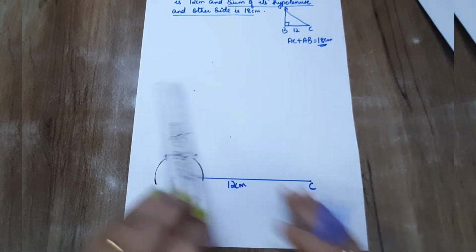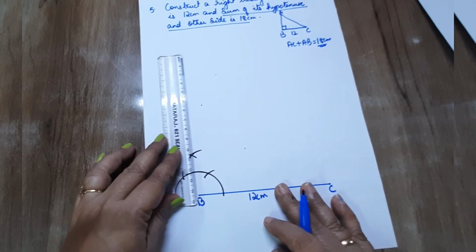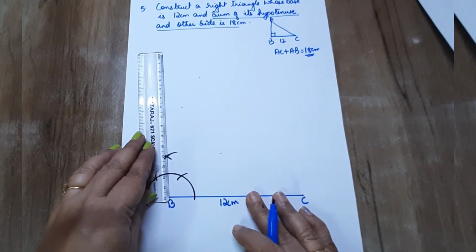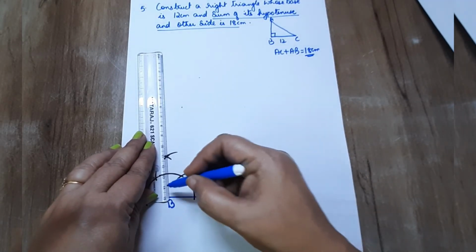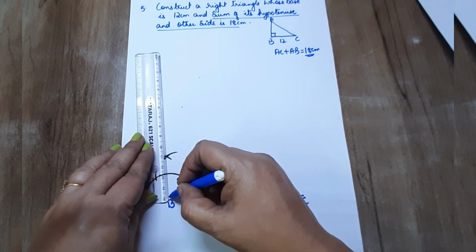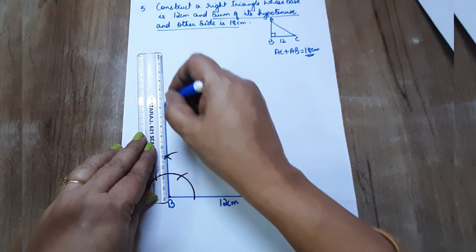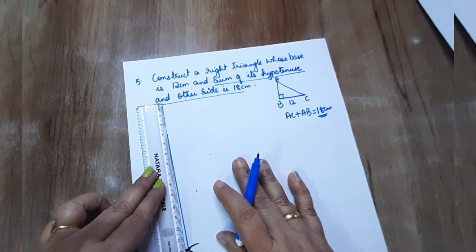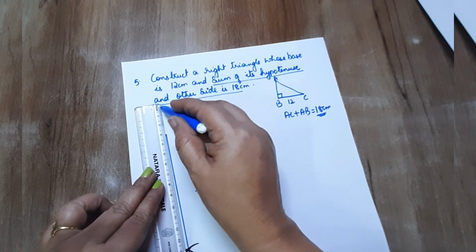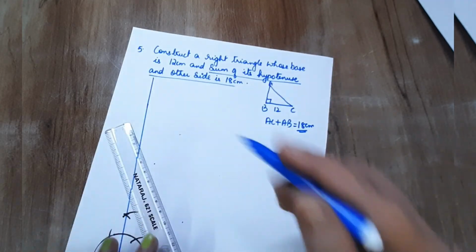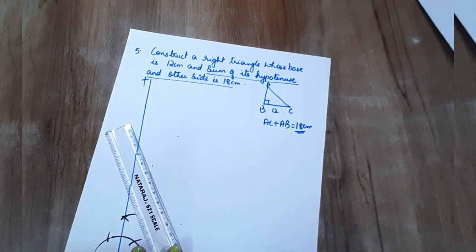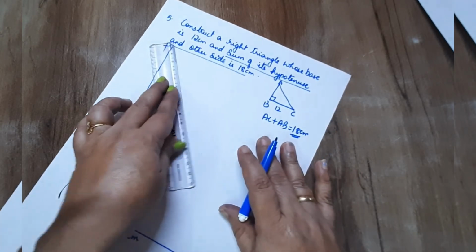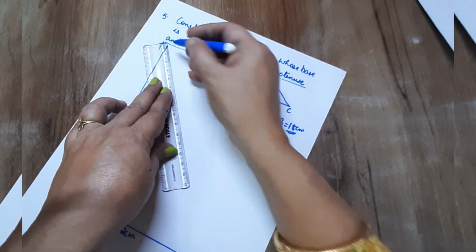So this is the main line and I have to extend it. My scale is small. I will extend 15 plus 3. So this is some point X, 18 from X to C.